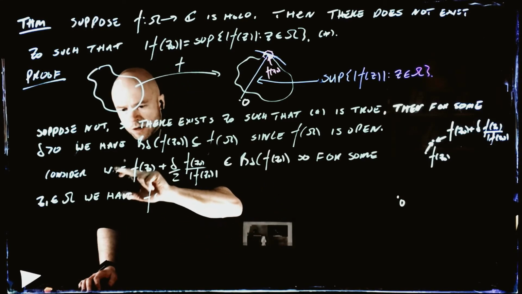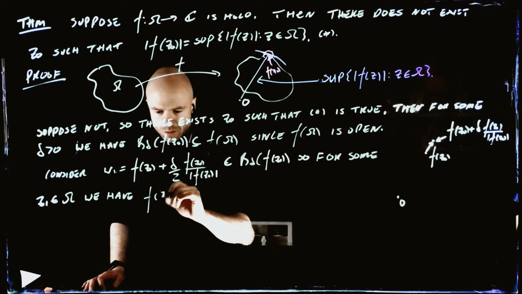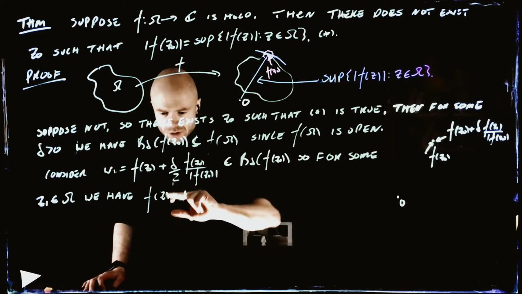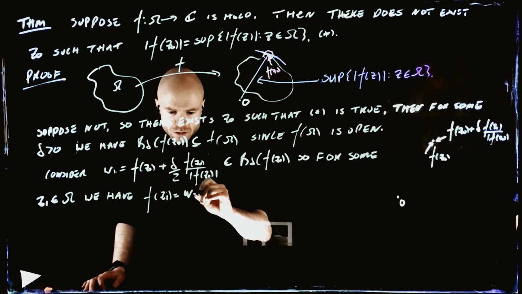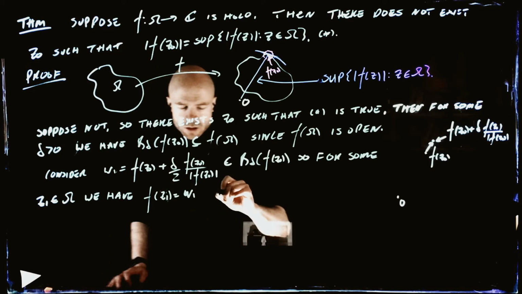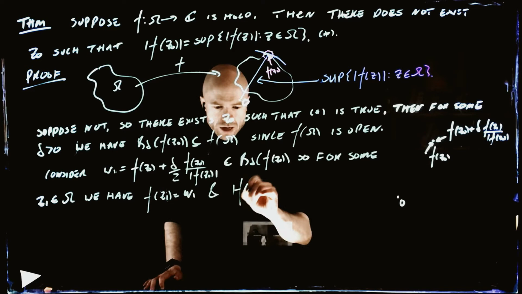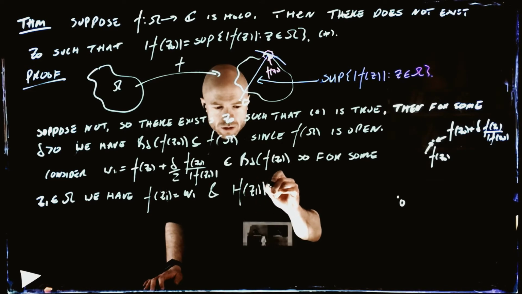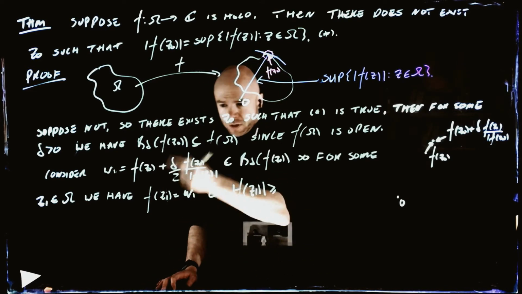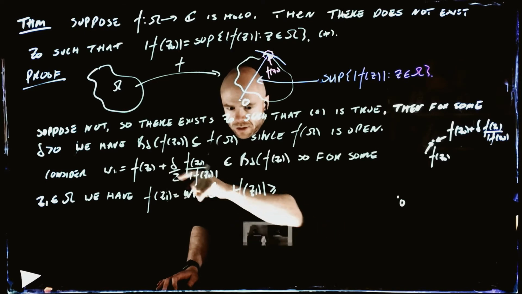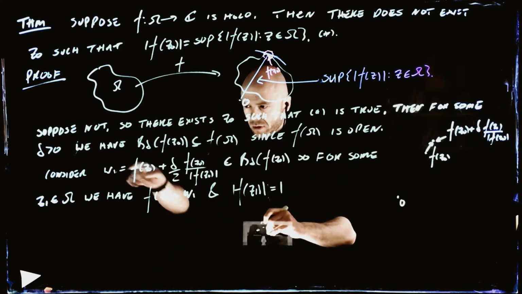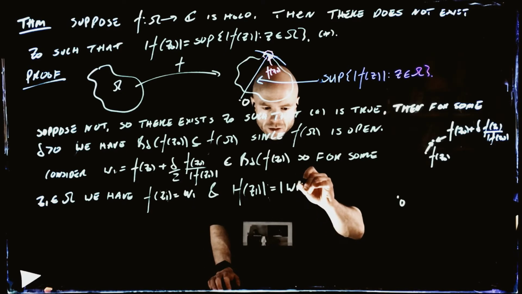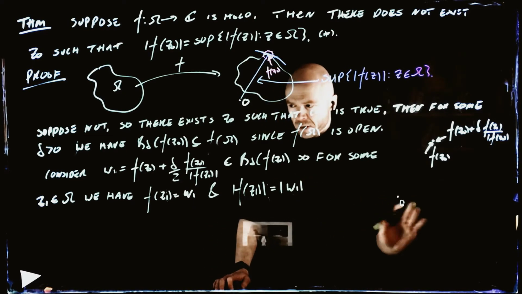Actually, let's call this w1. So f of z1 equals w1, and the absolute value of f of z1 is the absolute value of just w1, and what is that?